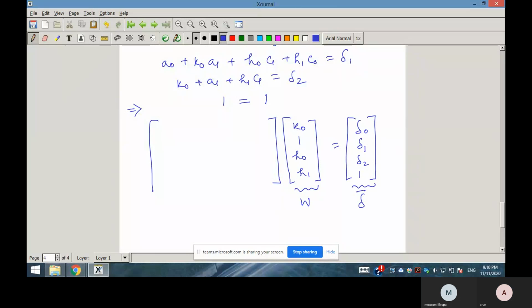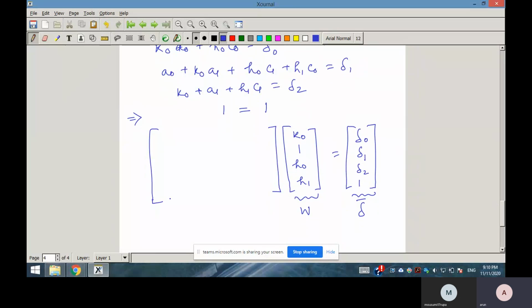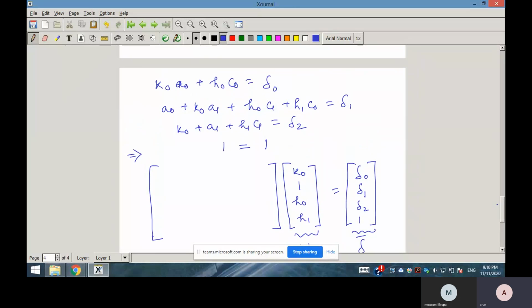So now this is your suppose W, and this is your delta bar, say. So ultimately what will be this matrix? If you see the first equation, a naught into k naught plus h naught, plus this is 0, and then it should be c naught, and this should be 0.